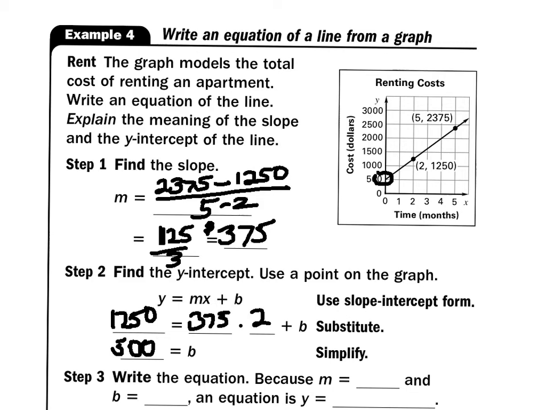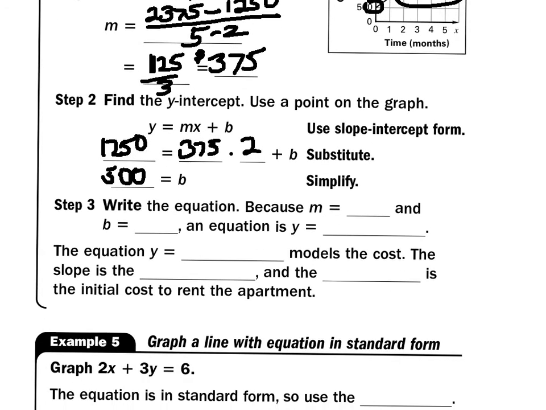So we're using this 1,250 and 2 point. And then after we multiplied and subtracted that number off, it would be 500. Now write an equation for the line, because m equals 375 and b equals 500. The equation is y equals 375x plus 500.